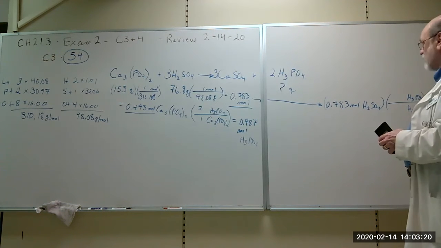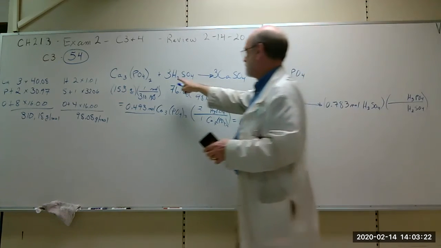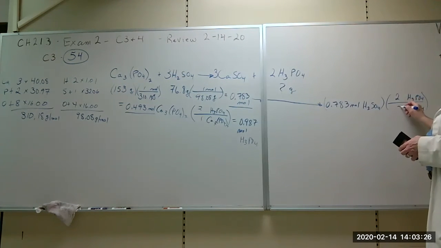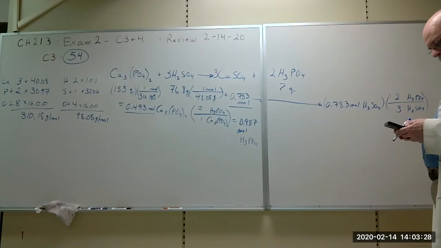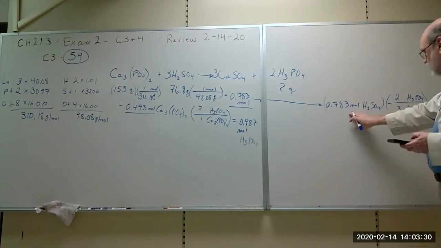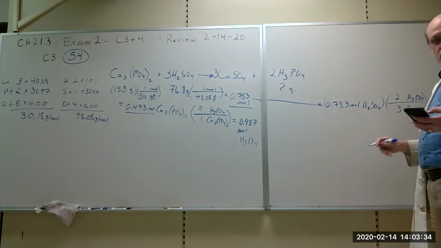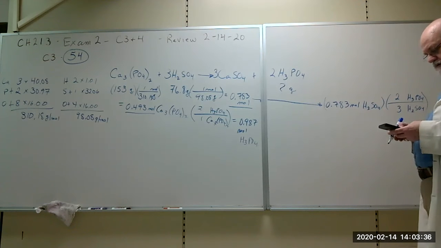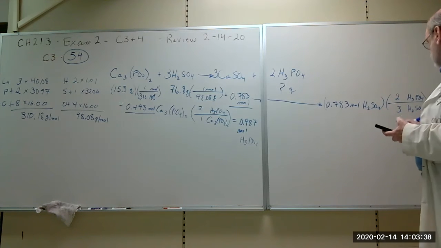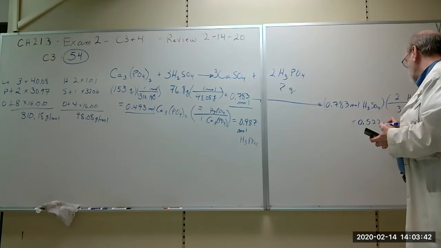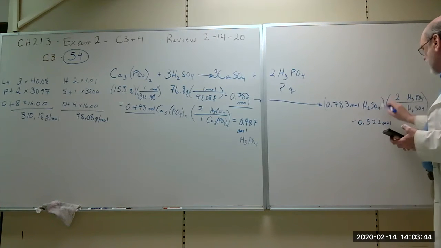So the ratio there is 3 sulfurics to 2 phosphorics. So we take this one times 2 divided by 3, 2/3 of it. 0.522. 0.522 moles. These cancel.